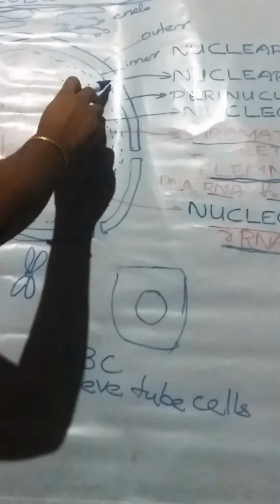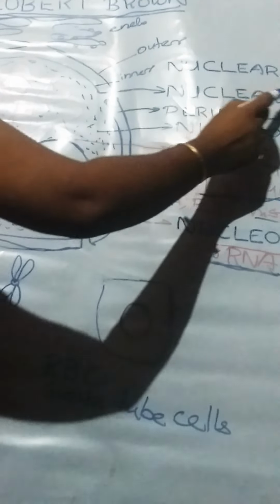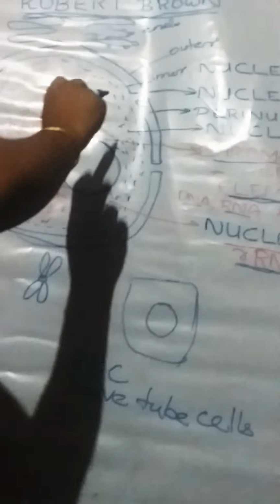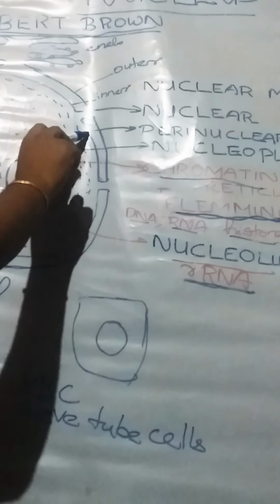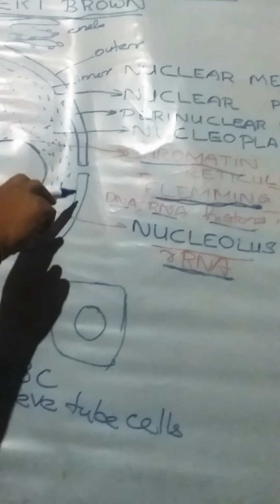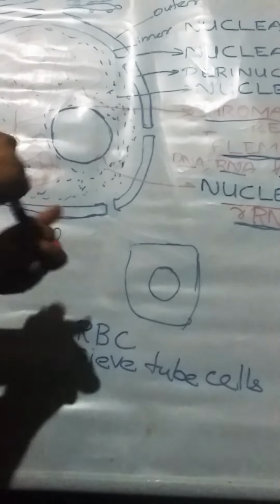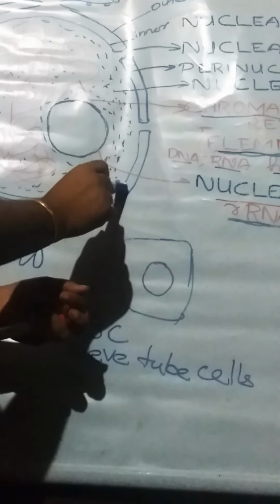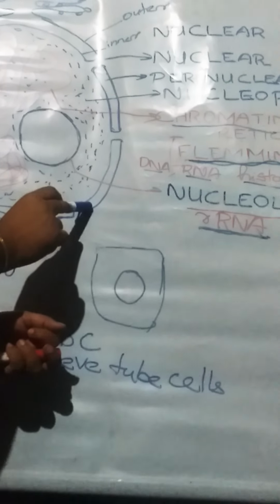And the space which is present in between the outer membrane and inner membrane is called the perinuclear space. That is the space which is present in between the inner membrane and outer membrane.